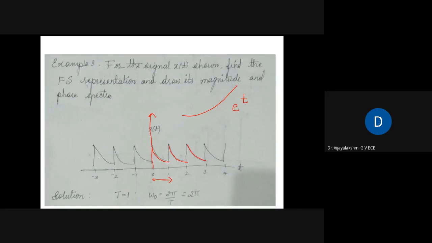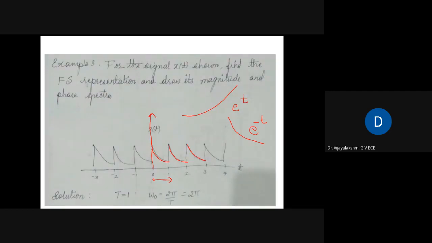Whatever you have here, the repetition, that is your decaying exponential, e raised to minus t. And this exponential pattern is repeating, so the given signal is a periodic signal.